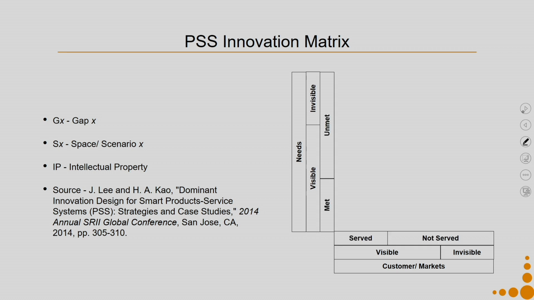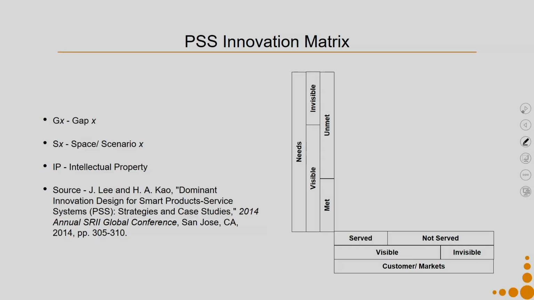Now, we further categorize them. Not necessarily are all visible needs met. So, some of the visible needs will be met and other visible needs are unmet, and of course, invisible needs are unmet. Similarly, in the market there will be a visible market which may or might not be served already.